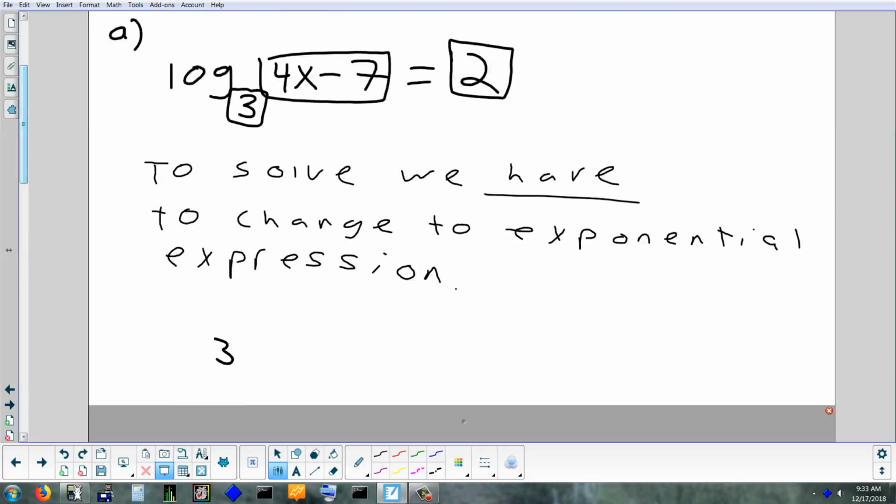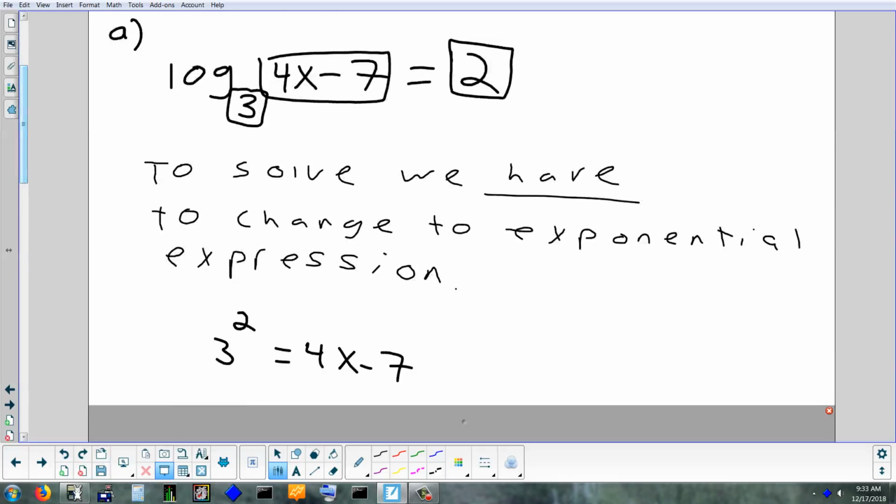How about my exponent? Yep, 2. Logarithms equal exponents. 2. And now the last thing is what goes all by itself on the other side. It's the argument, the 4x minus 7. So from here, it's just an algebra 1 equation now, solved.